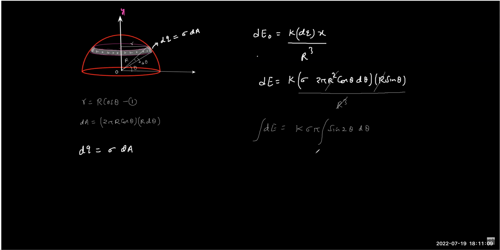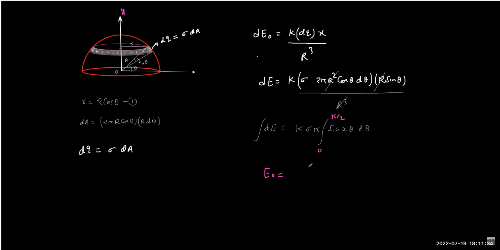Now the question is, what will be the limit of integration? We are only supposed to capture from bottom to the top. So theta 0 will give you the bottom and theta 90 will give you the top, and that's it. So we have to capture only from 0 to 90. For sine 2 theta, what is the period of sine 2 theta?